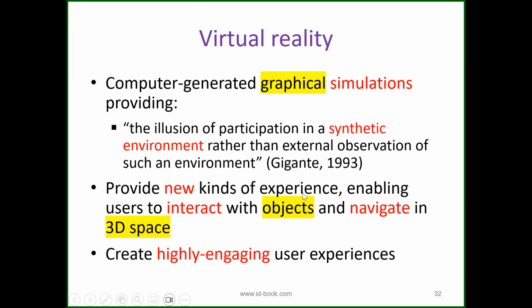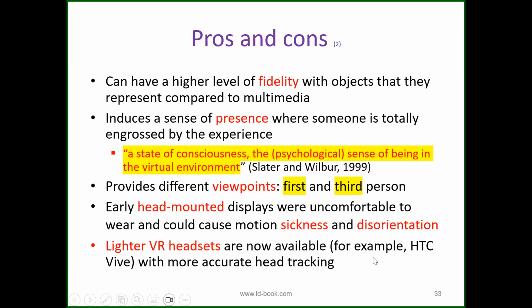It provides new kinds of experience, enabling the user to interact with objects and navigate in the 3D space. So a 3D space is actually created which doesn't exist in reality, but it creates an illusion around you that you are present in that particular environment you are watching. It is a highly engaging user experience.